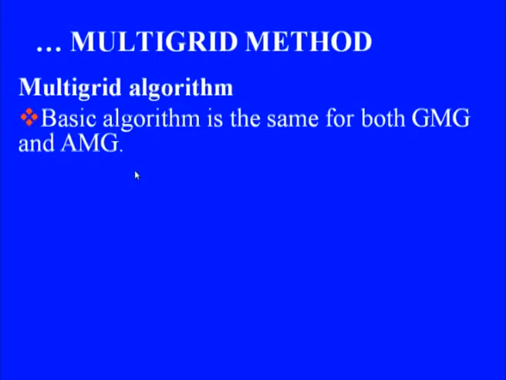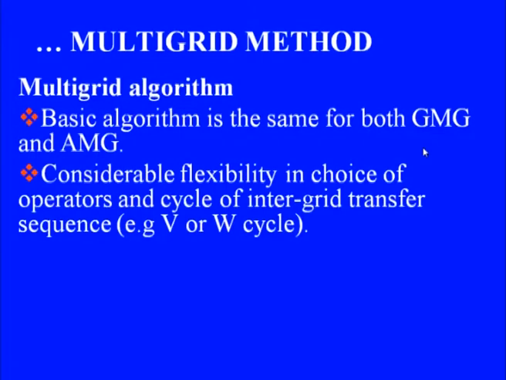Now as far as the algorithm is concerned, the basic format of the algorithm is the same for both GMG, that is your geometric multigrid, and algebraic multigrid. In addition, we have considerable flexibility in terms of tweaking these prolongation and restriction operators and the cycle of intergrid transfer sequences.